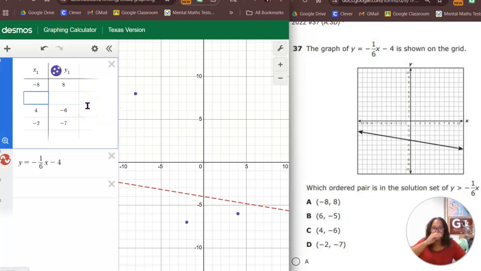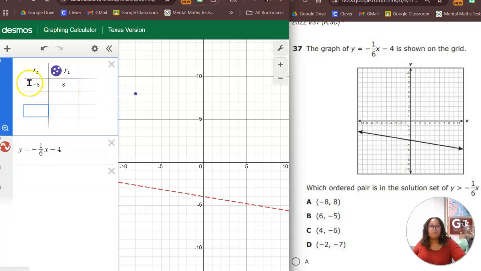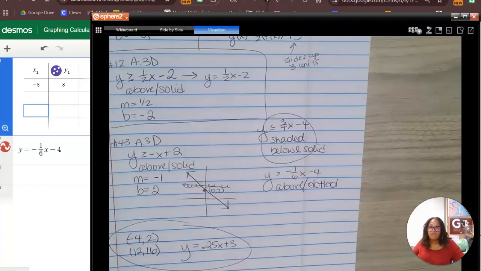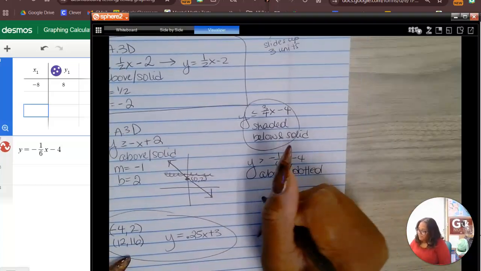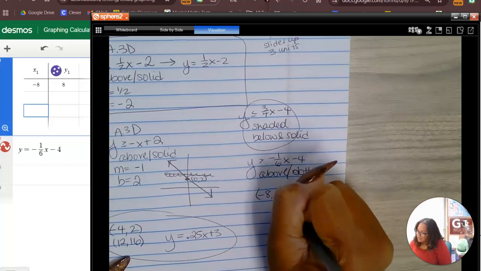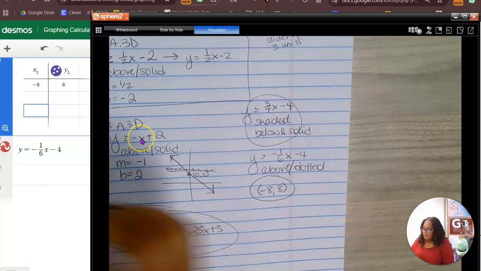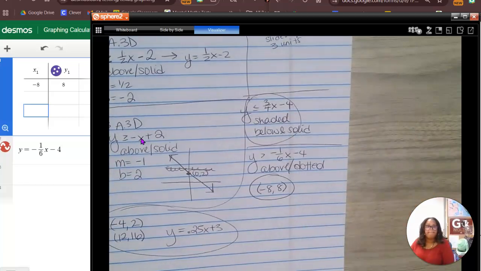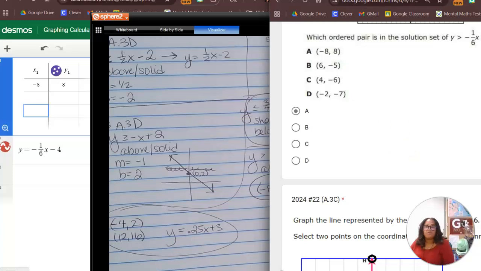Delete, delete. And I shaded above. So this one's the only one that falls above because these two are below. So wrong, wrong, wrong. So this would be my winner, negative 8, 8. Okay, you can show your work. Negative 8, 8. Let's go to the next question.